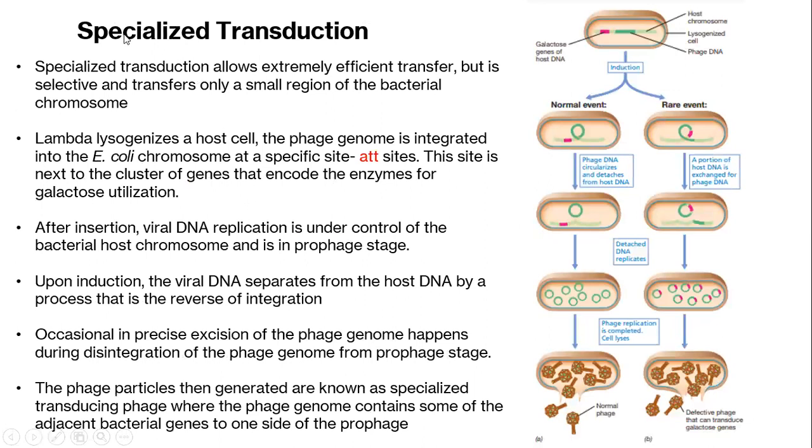The next slide talks about specialized transduction. Specialized transduction is an extremely efficient method of gene transfer, but it is selective in that it will allow only a particular sequence, the small region of the bacterial chromosome that is adjacent to the region where the phage DNA has integrated into the bacterial chromosome when the phage DNA enters into the lysogenic cycle.